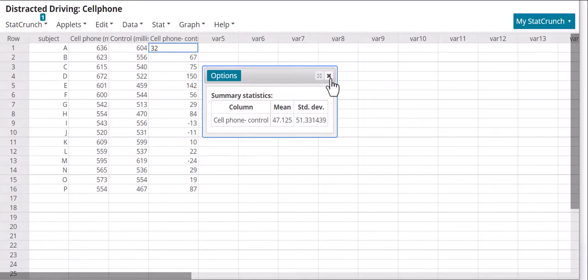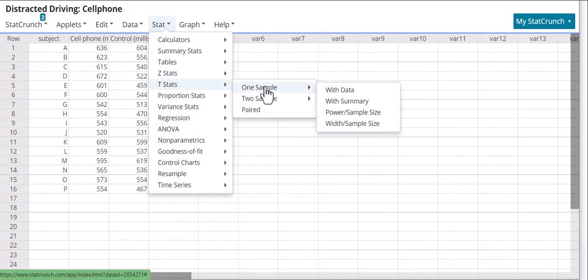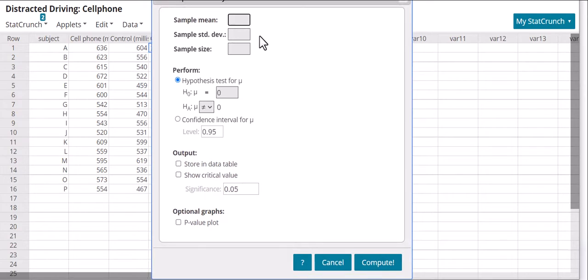And so what we're gonna do is go to stat and do a t-stat for one sample with summary. And we're going to put in one sample, because we did reduce the cell phone group and the control group to just be one sample.